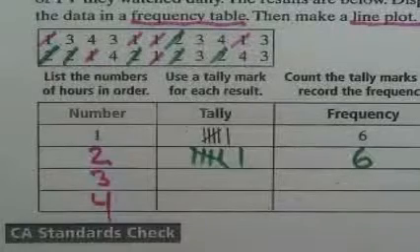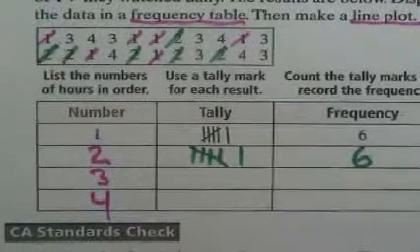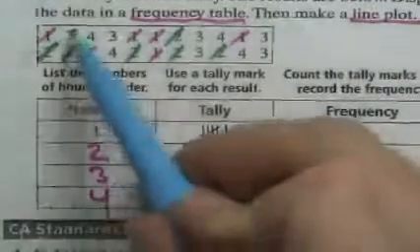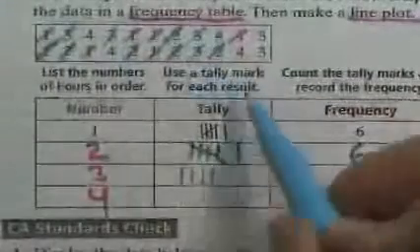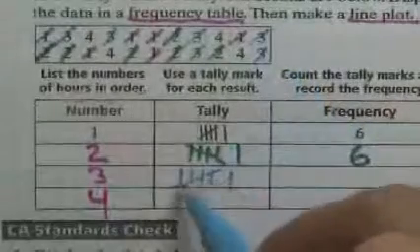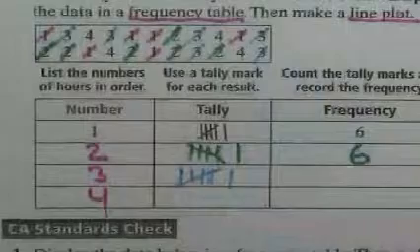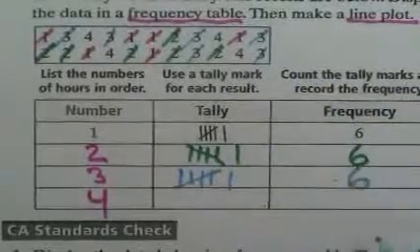Now I'll do the 3s. Use a different color here. So let's start with this 3. There's 1 there. Put a tally mark. Another tally mark. Another, another, and another. And how many is that? That is also 6.